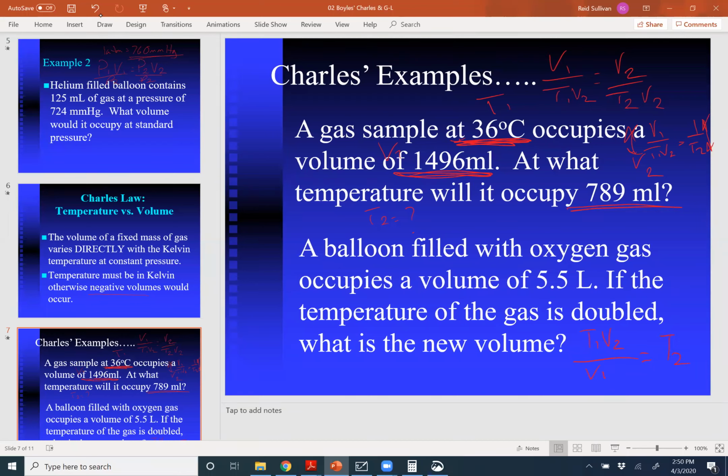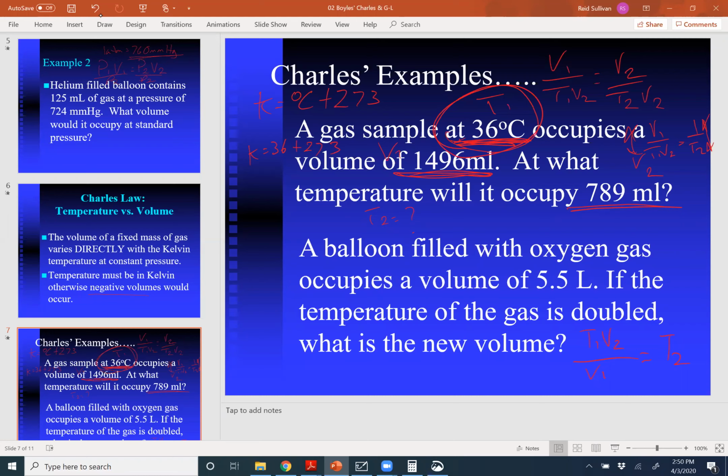So now we can start plugging in our numbers, as long as we first remember that we can't have degrees C in our problem. We need to have Kelvin. So Kelvin is going to be equal to degrees C plus 273. So our Kelvin is going to be 36 plus 273. Add the 6, that gives us a 9.